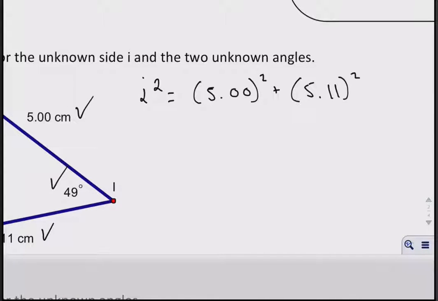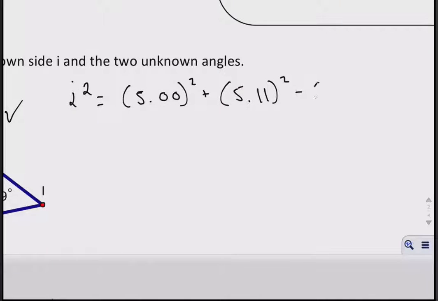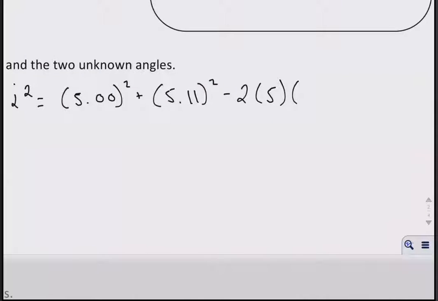5 squared plus 11 squared minus 2 times 5 times 11 times cosine of, in this case, 49 degrees. I'll drop the double zeros at the end.